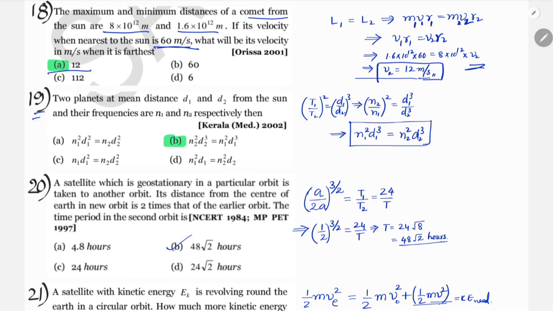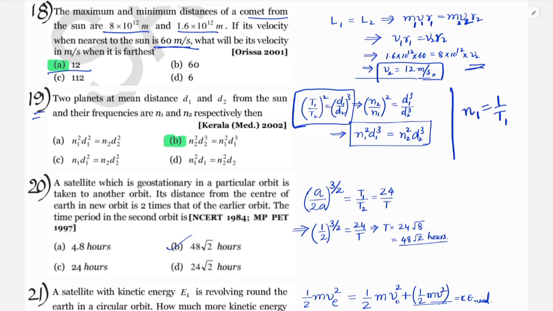Now the 19th problem. Two planets at mean distances d1 and d2 from the sun have frequencies n1 and n2 respectively. Remember, we already have this relation for time periods. From here you need to know the relation between frequency and time period. 1 by time period is nothing but the frequency, cycles per second.